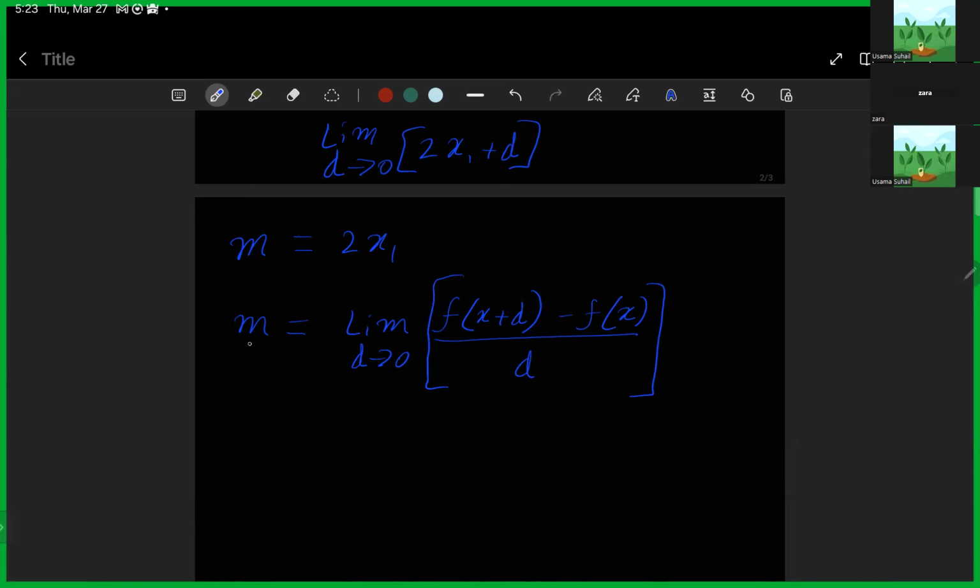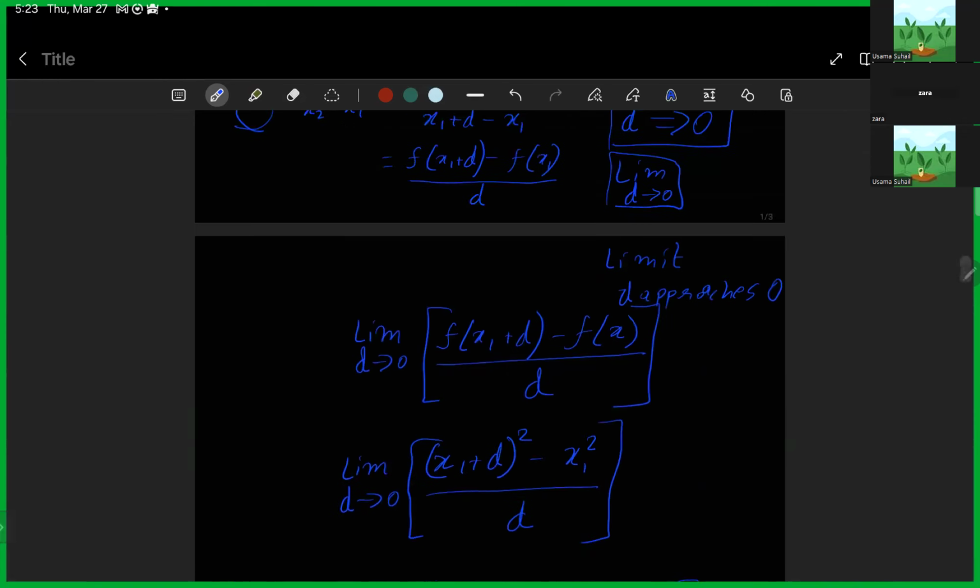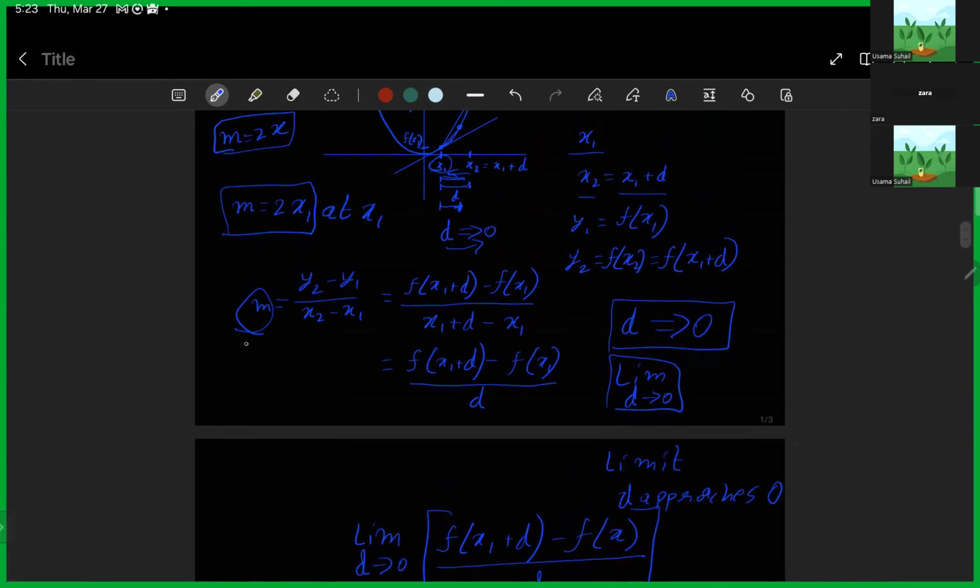Now, how can I say that I can find the gradient using this? Notice up here, when I defined the gradient, this is the basic definition: the change in y divided by the change in x.